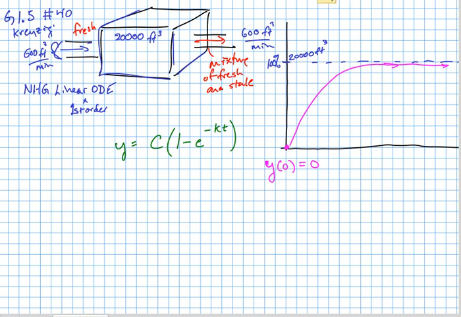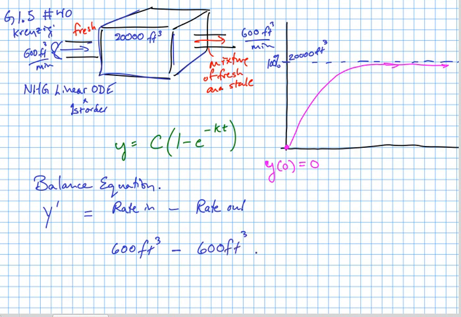It begins by setting up the balance equation. And that's y prime equals the rate in minus the rate out. The rate in is 600 feet cubed. The rate out is 600 feet cubed times the concentration as a function of time.